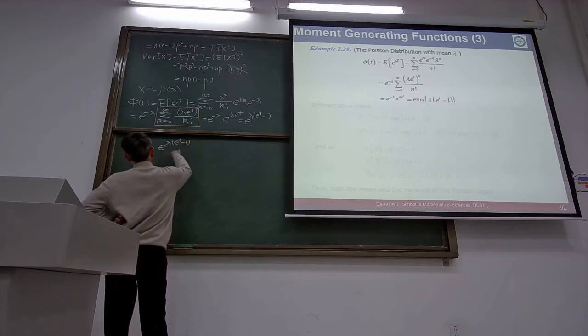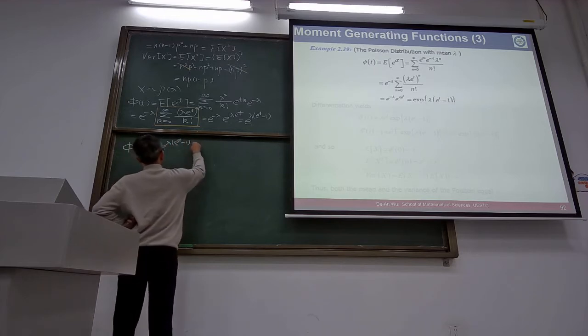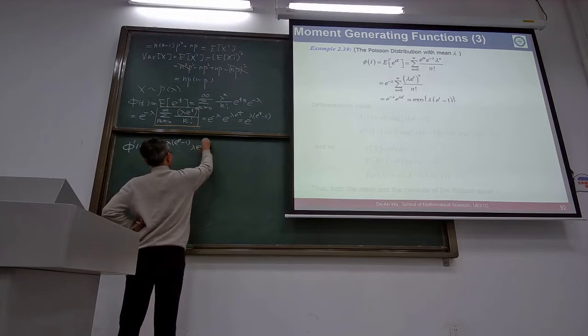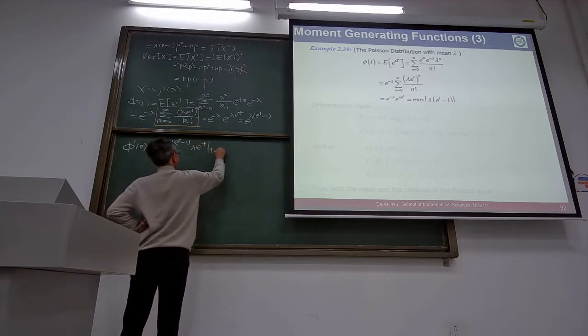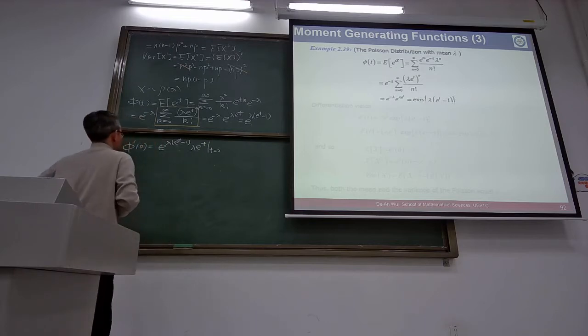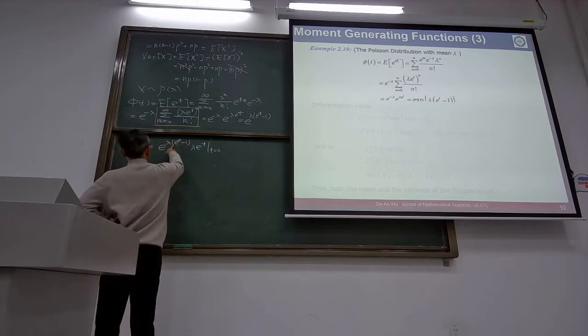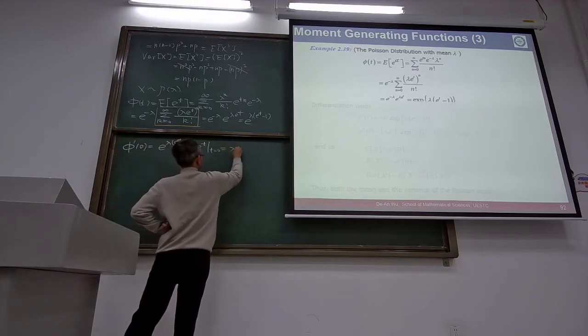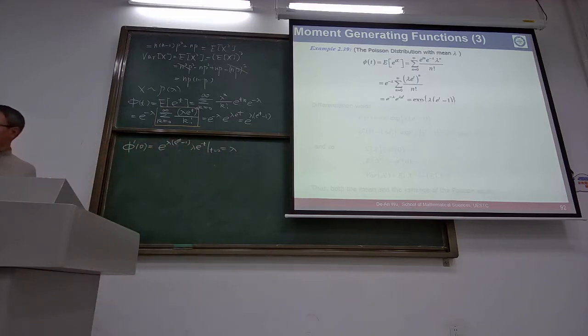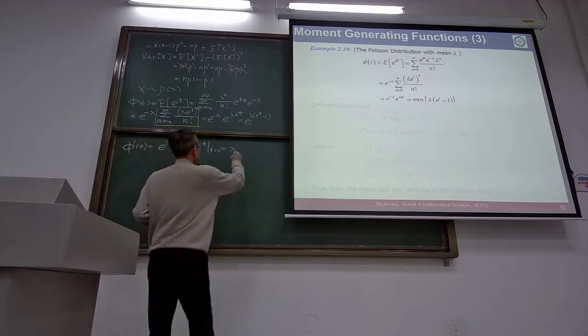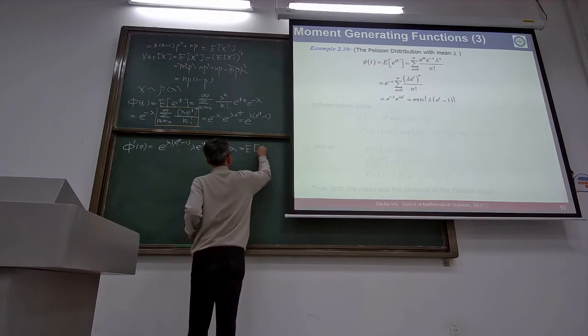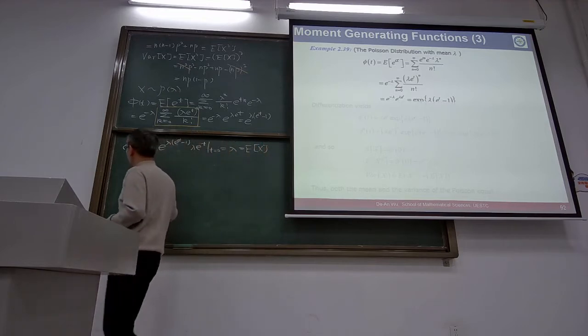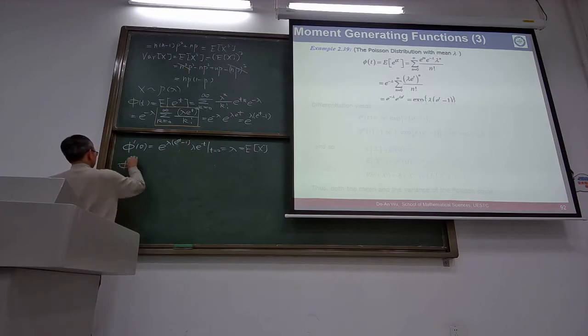This one itself, then this one, lambda e to the t, and at t equals 0, it just equals lambda. Just because it is the expectation. The second derivative is next.